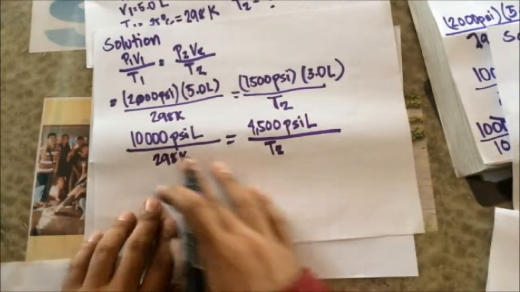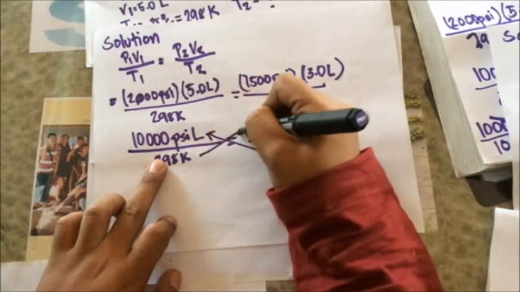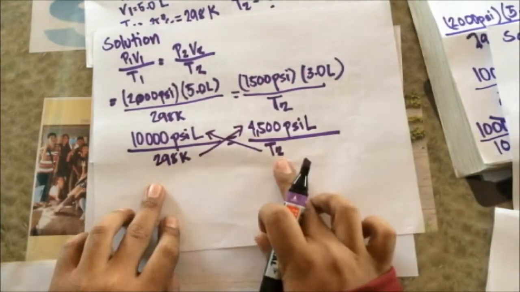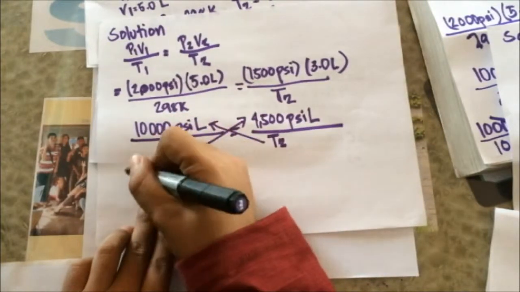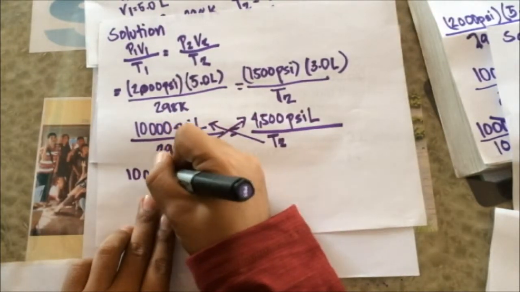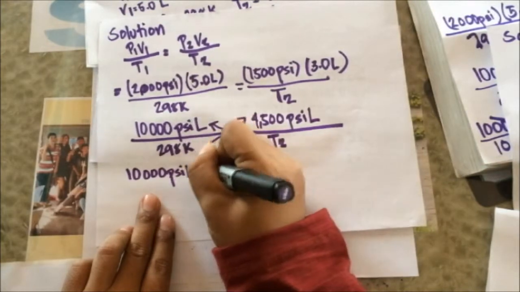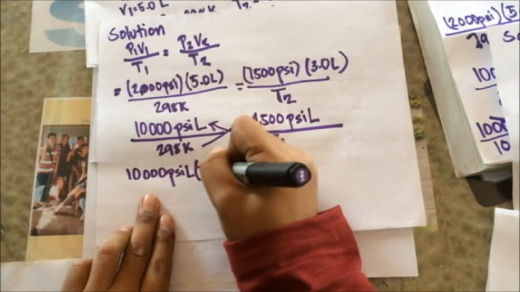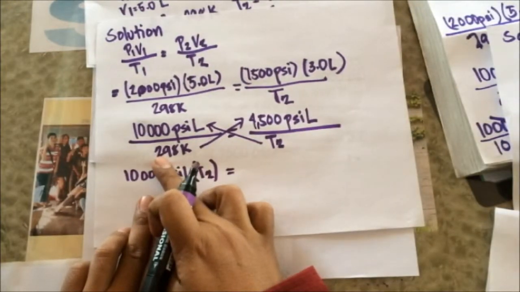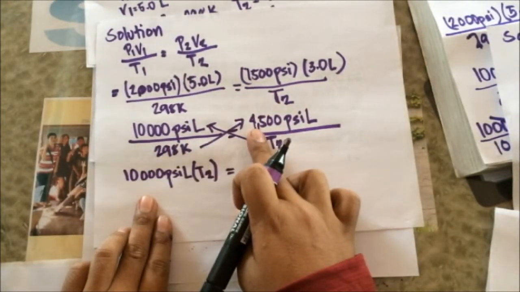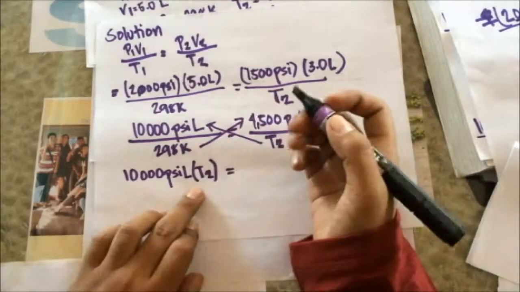Next, we're going to cross multiply this, since we are solving for T2. So we can just copy as it is, that's 10,000 psi liter, in parentheses T2, is equivalent to 298 times 4,500, which makes up to 1,341,000.